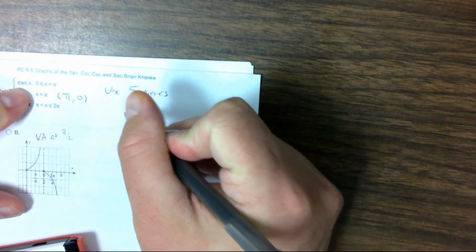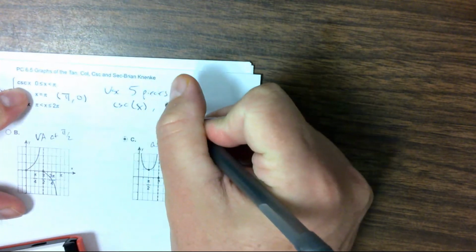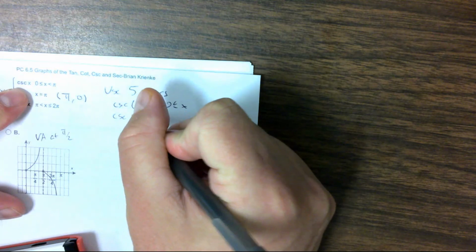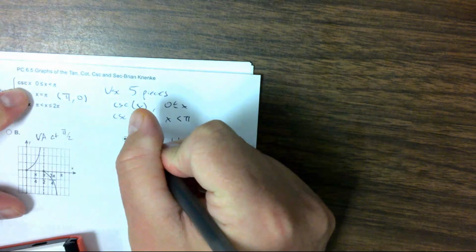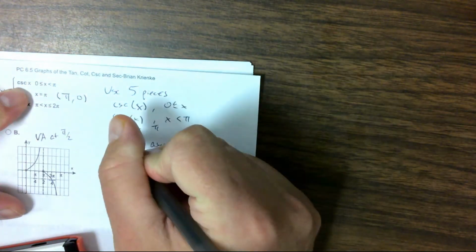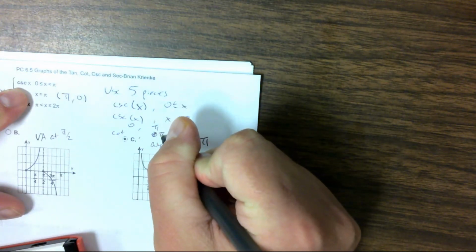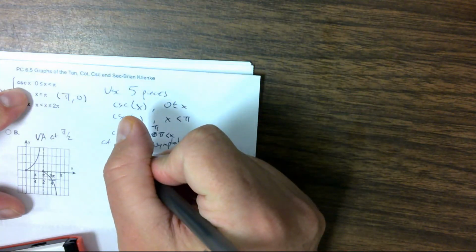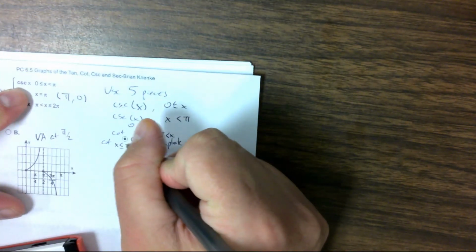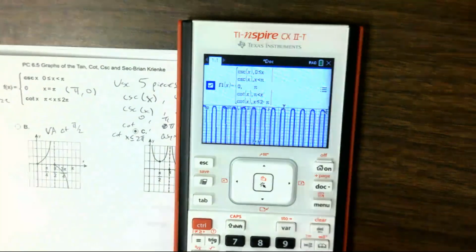So I have cosecant x with 0 less than or equal to x. I have cosecant x with x less than pi. I have 0 with pi. I have cotangent with pi less than x, and I have cotangent with x less than or equal to 2 pi. Here's where you can see it very clearly, as long as there's no glare.